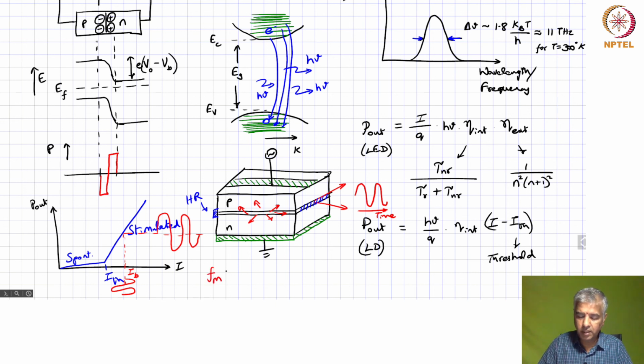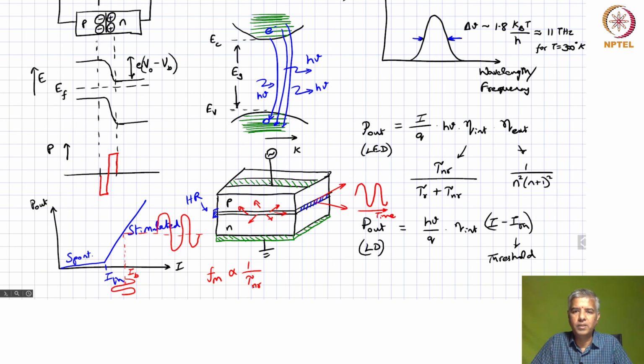FM tends to be limited by the non-radiative lifetime, the non-radiative recombination processes. So it's inversely proportional to tau NR, the carrier lifetime.